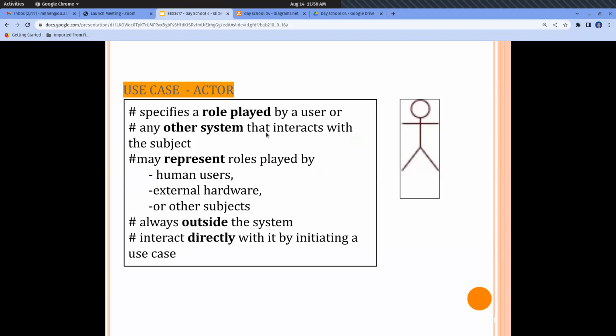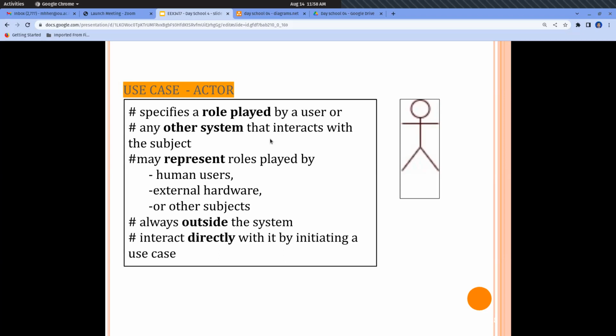Actors. Actors specify the role played by a user or any other system that interacts with the subject. What is the role? They represent the roles played by human users, external hardware, or other subjects, always outside the system, interacting directly with it by initiating a use case.